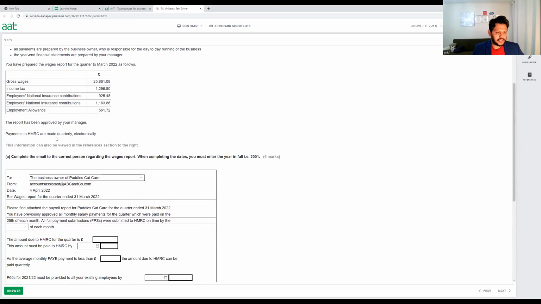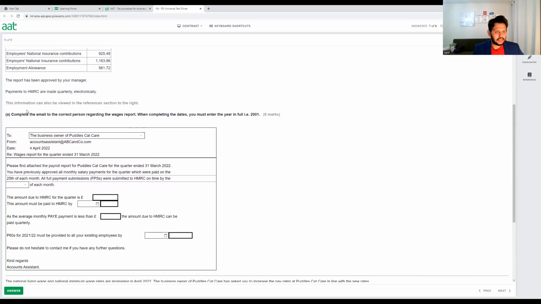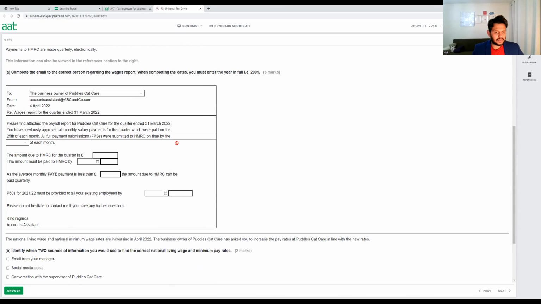Payment to HMRC is made electronically, that's fine. Okay, it says we pay our employee on the 25th of each month. If we pay our employee on the 25th of each month, on that day we have to submit the RTI. That means on that day we have to tell HMRC how much you are paying.